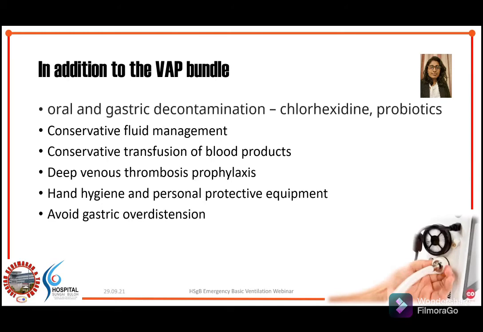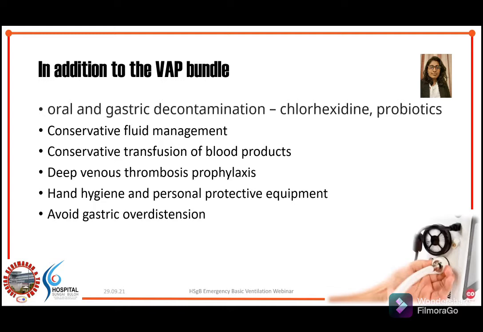In addition to the VAP bundle with the 4 elements I mentioned earlier, you've got to make sure that our patients get oral and gastric decontamination as well, using chlorhexidine mouthwash to prevent oral contamination and probiotics for gastric decontamination.